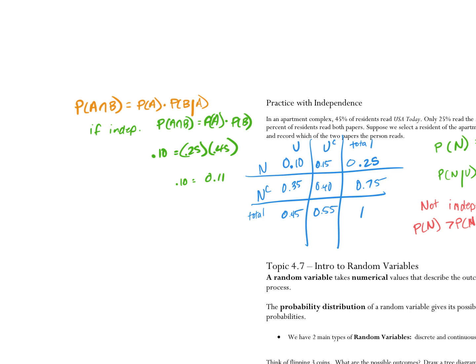I think we get 0.1125, I think. I'm doing that from memory, not from brains. So are these two things equal? So it's just a different rule for checking independence. Whereas if they were independent, it would work out that both of those things ended up being the same thing.